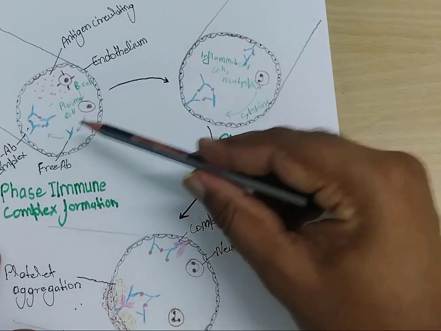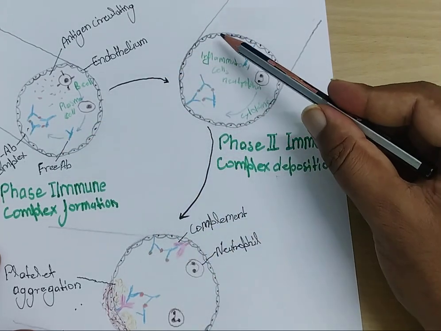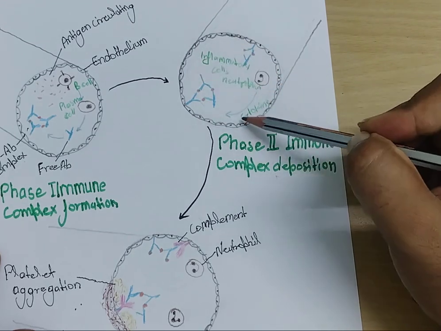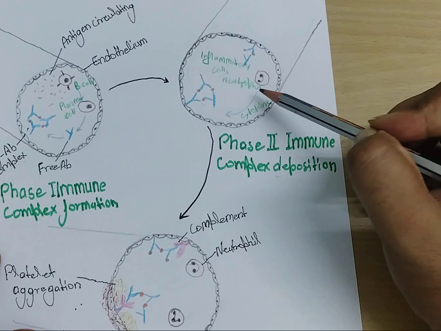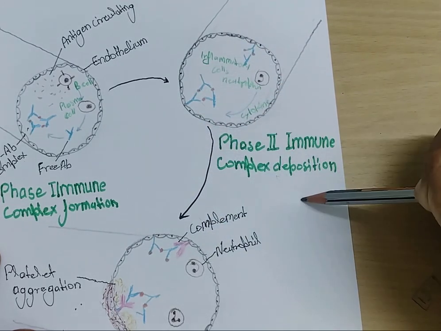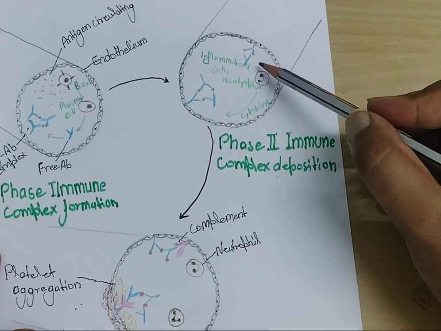If the antigen-antibody complex is small, then it travels through blood to distant places or various organs. But if the complex is large, then it deposits where it formed.